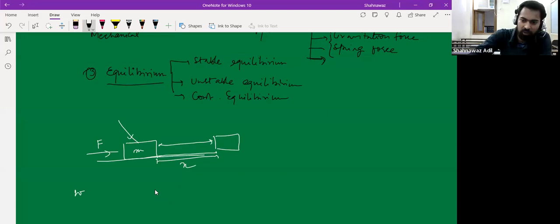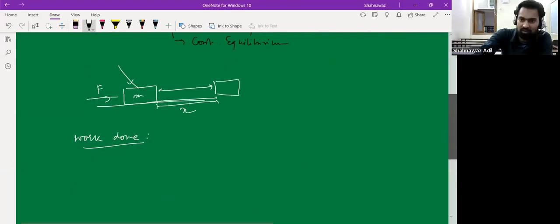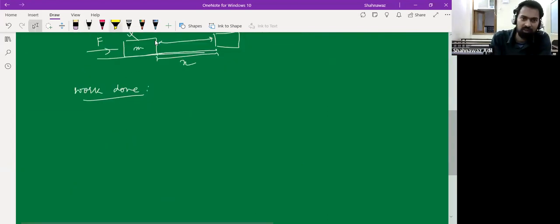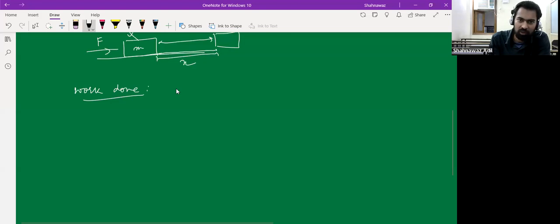The work done is defined as the dot product of the force applied and the displacement that occurred. So this is the displacement and this is the force that you applied.